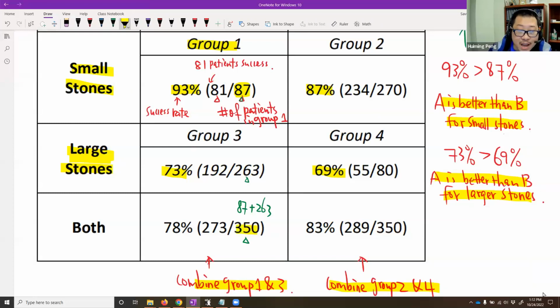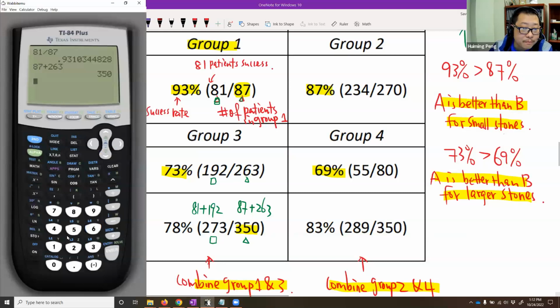And how many successes? I count how many successes here: 81. How many successes here? 192. So the total is 273, because 81 plus 192 is 273.